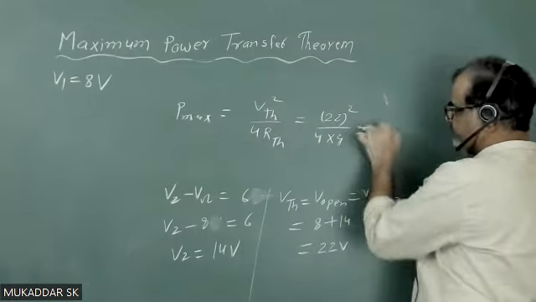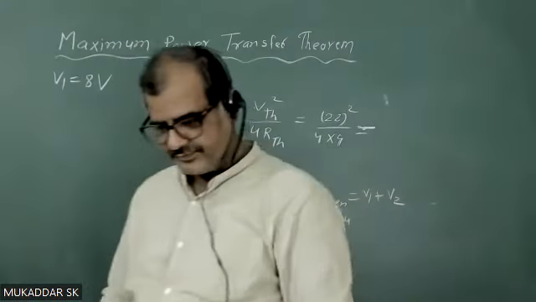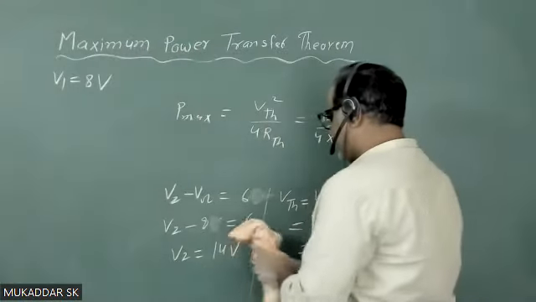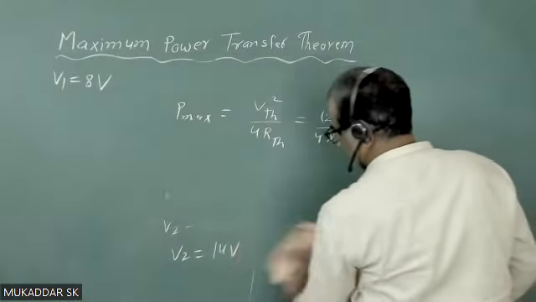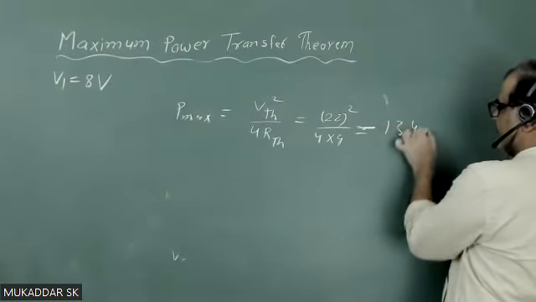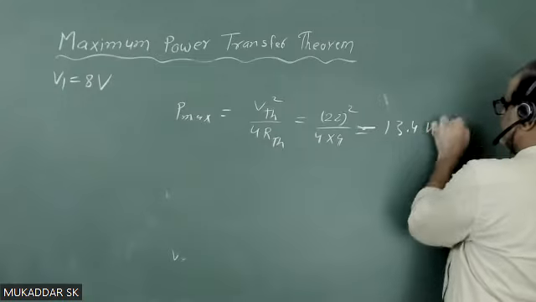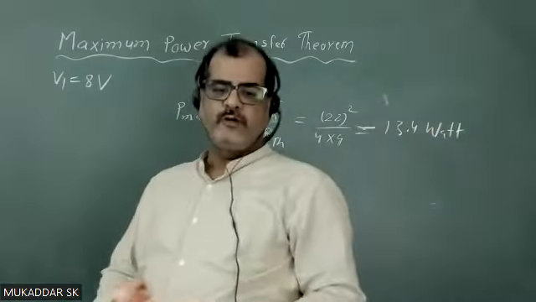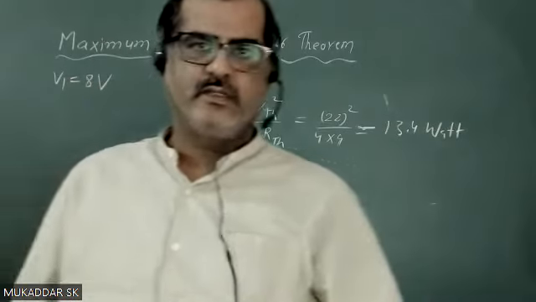If I solve this, I should get the value 13.4 watts. So 13.4 watts is the maximum power across RL. I hope you understand the theorem. Thank you very much.